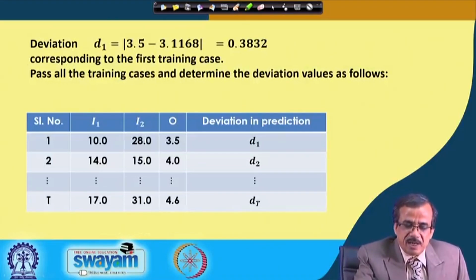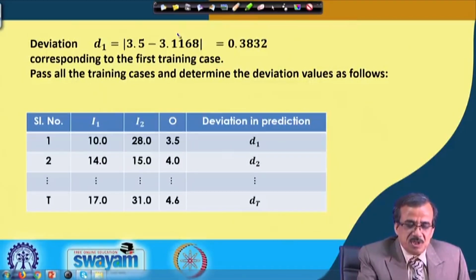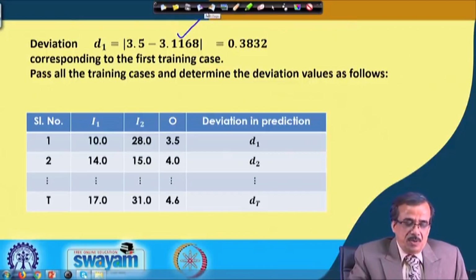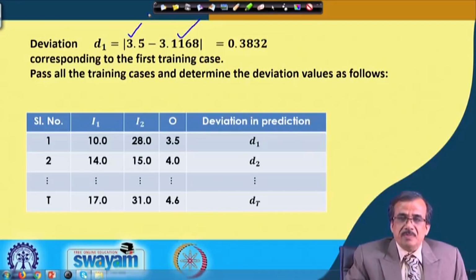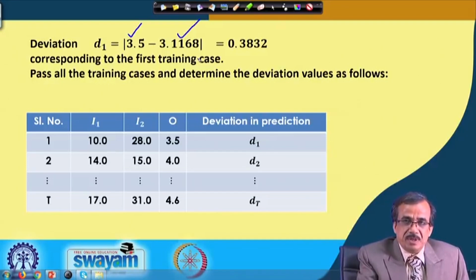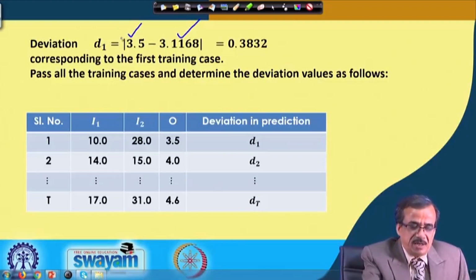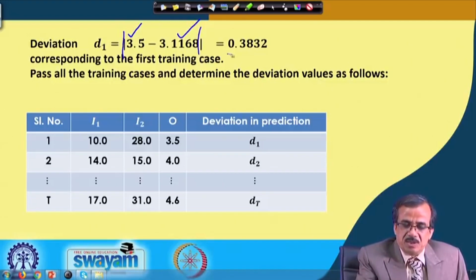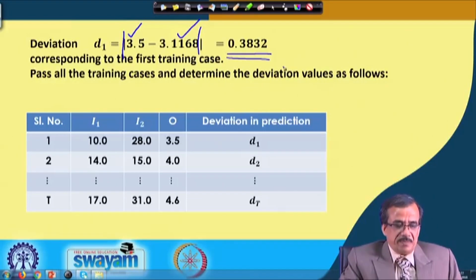Now, we compare the calculated output with the target output and find out the deviation. The deviation could be either positive or negative, take the mod value, and this is actually the deviation.